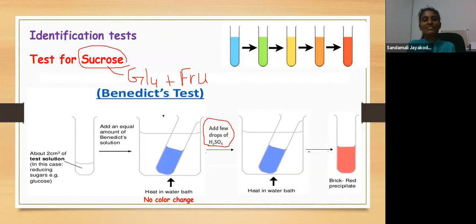It comes and breaks down the bond between glucose and fructose in sucrose. Then it makes a nice monosaccharide solution. It can easily give the results for the Benedict test. So finally we get this color change of blue, green, yellow, orange, and brick red precipitate at the end. So that is about sucrose.